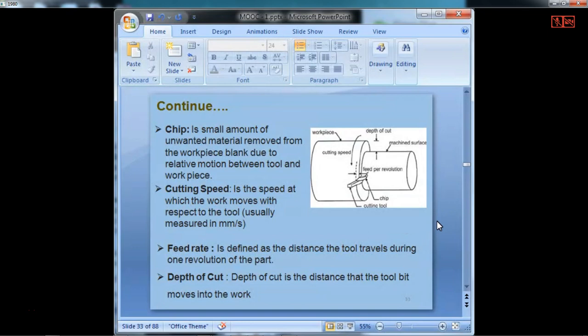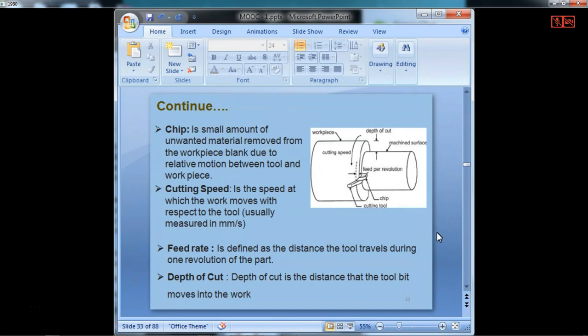Then we have what is called the feed rate. As I have already said, this feed is a linear feed along the axis of the workpiece. What we give perpendicular to the workpiece is called the depth of cut, but the feed rate, what we give along the axis, is called the feed.